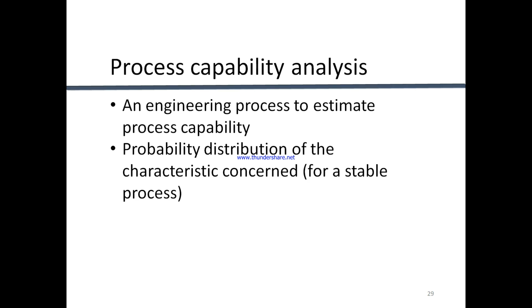So by calculating the process capability index and checking whether the process is in control, stable or not, that is something very important, and something we widely use in the statistical quality control field. We call this the process capability analysis.